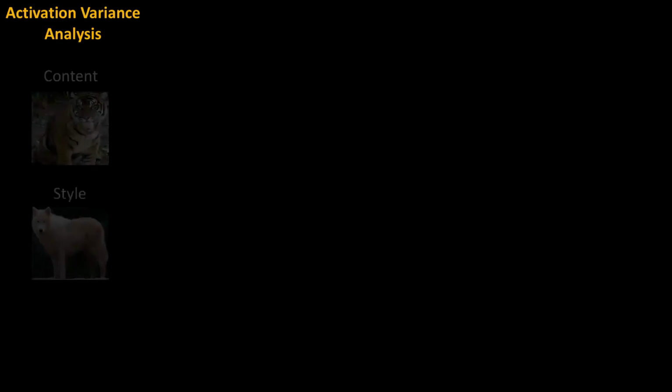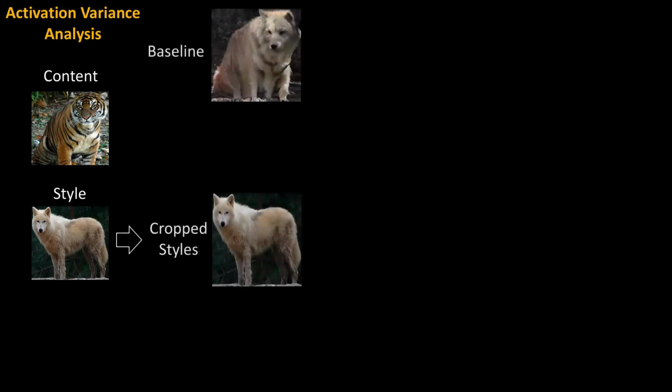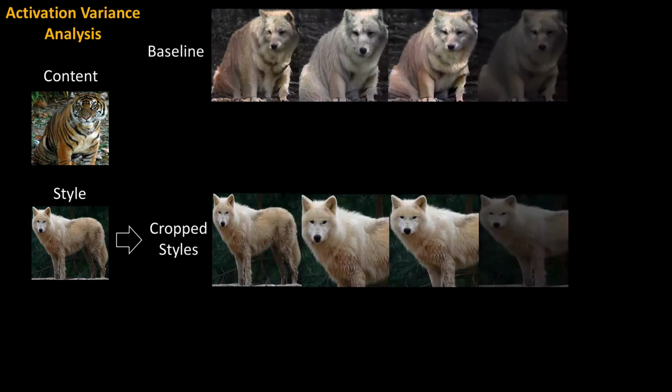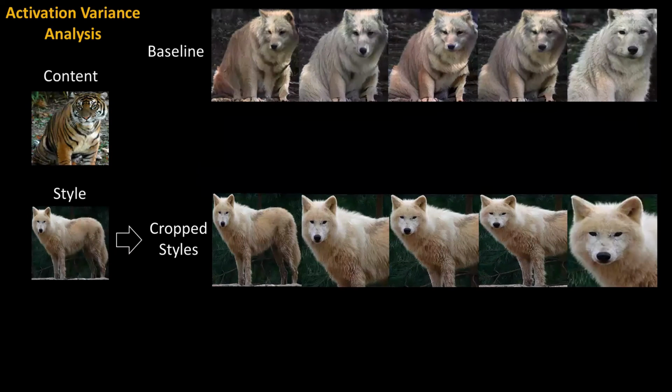We did an experiment to analyze this issue. For a given content and style image pair, we cropped the style image and input to translation networks. As shown in this result, though the cropped styles come from the same image, the output appearance varies a lot by the cropping.